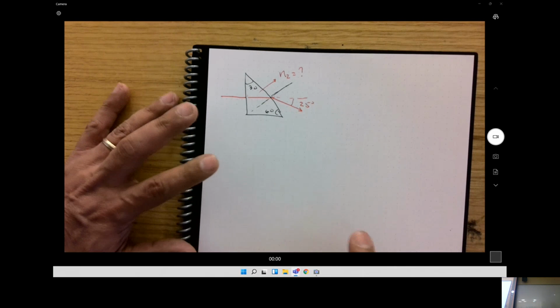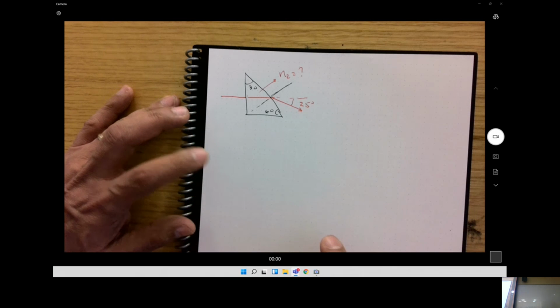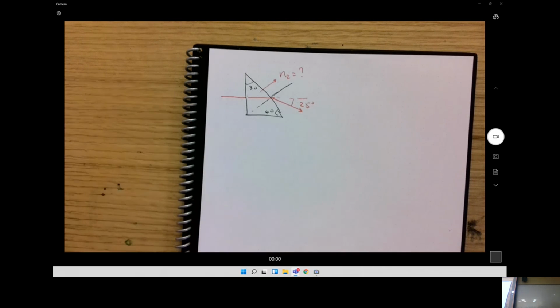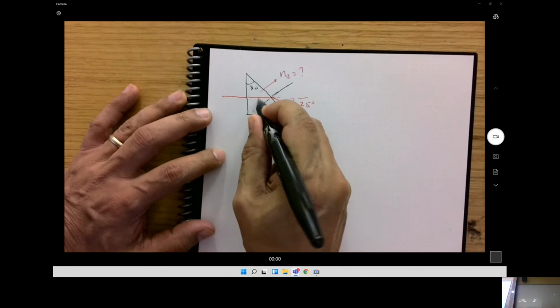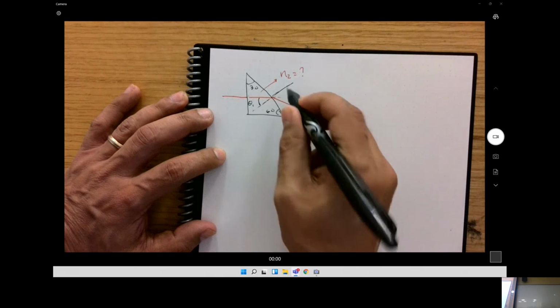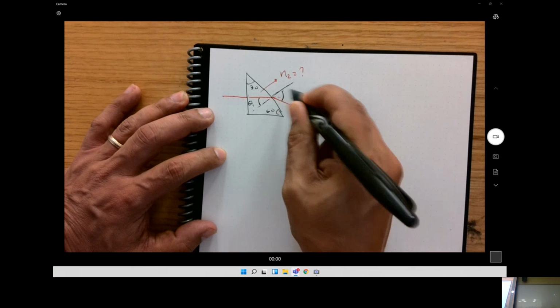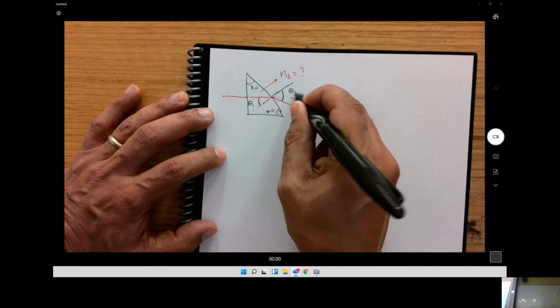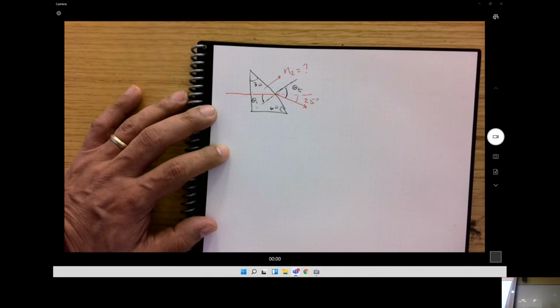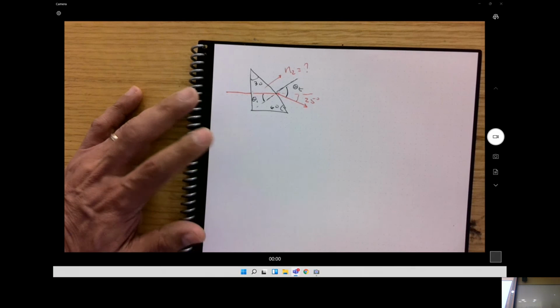Okay, and once I have that, then I can define what is going to be my incident angle and what's going to be my transmitted angle, my reflected angle. So my incident angle is going to be this one, and my transmitted angle is going to be this one. Now, I can find out what is the angle of incidence.